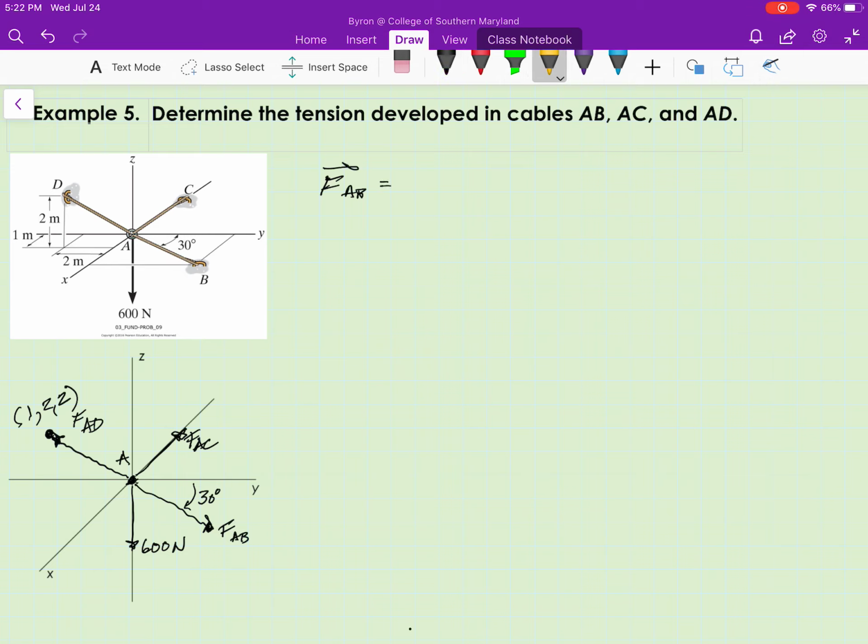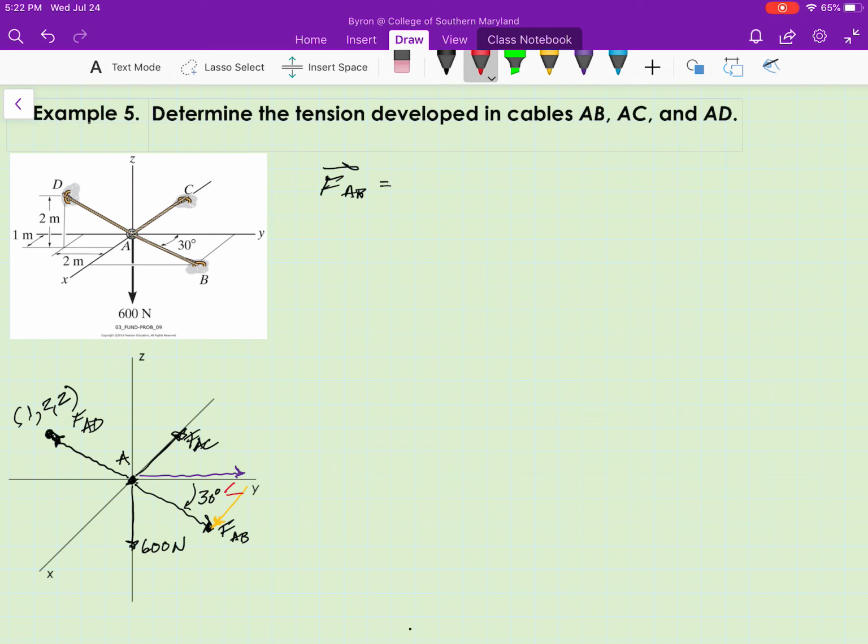Now let's look at what components FAB has. FAB has an x component here. Again, I'm going to draw it for convenience out here. And it has a y component here. And remember, this is a right angle here.